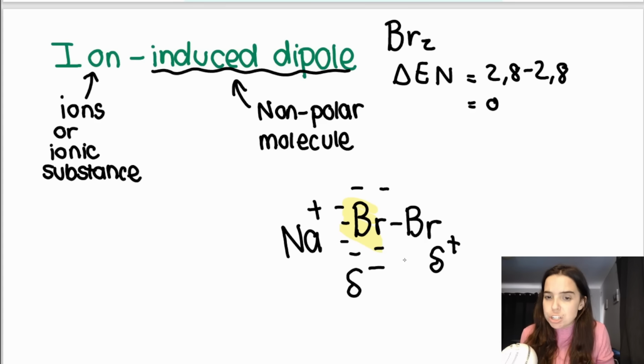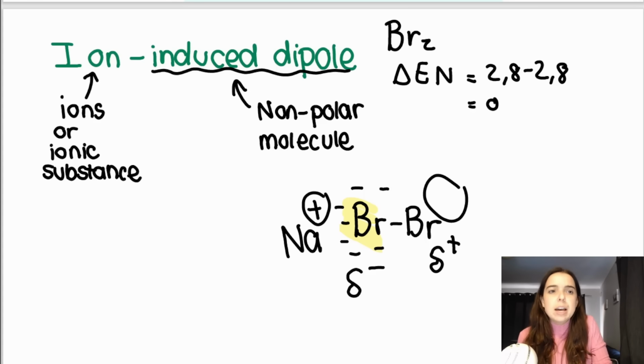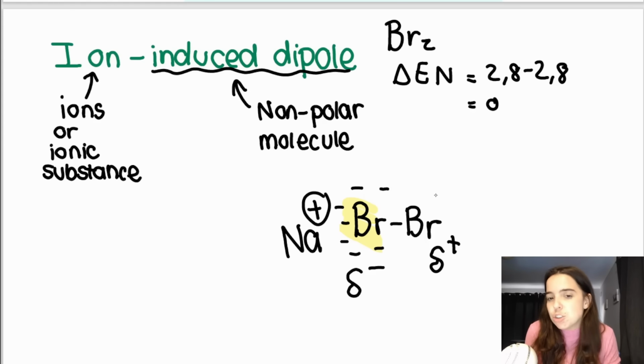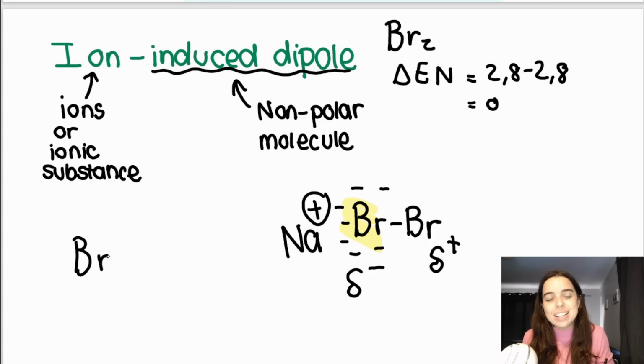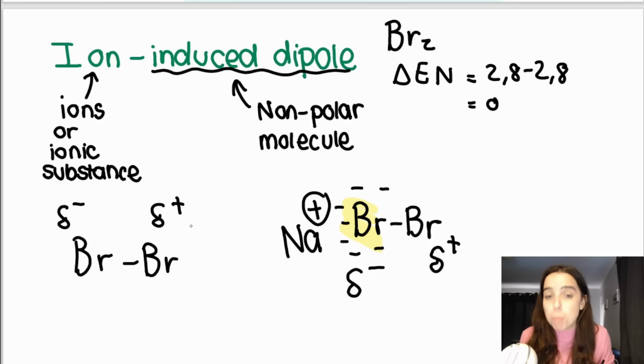This side becomes partially negative because all the electrons have kind of rushed to that side because it's attracted to the ion, leaving this side over here less negative because there are fewer electrons, therefore partially positive. So what we've done is we've basically created a temporary dipole where one side of the molecule is more negative, the other side is more positive.